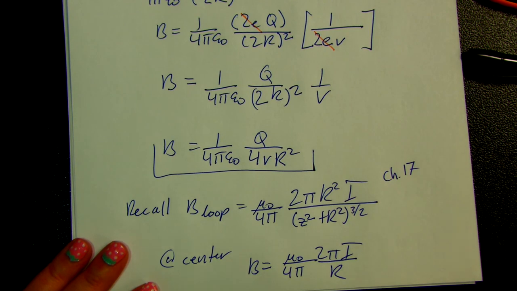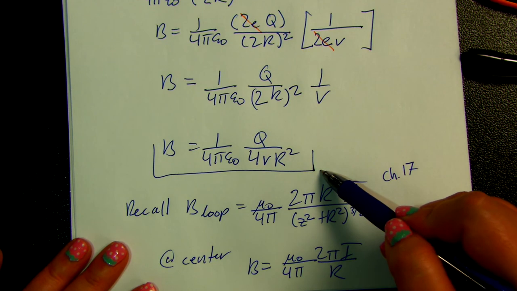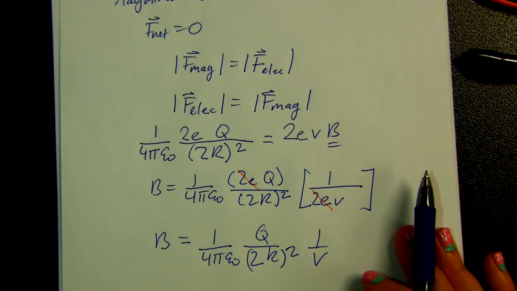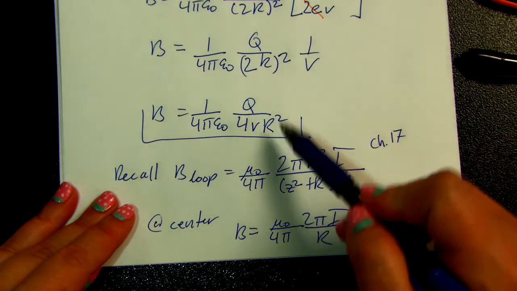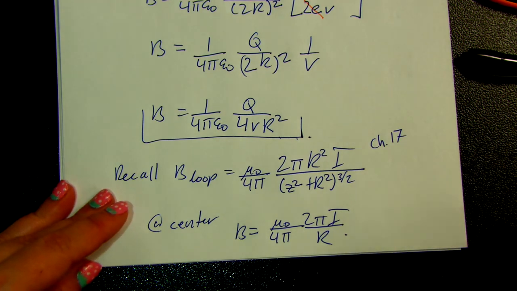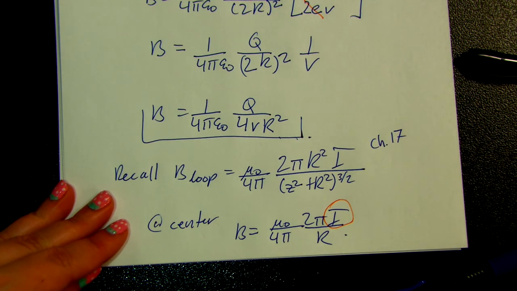All right, so this is useful. We know that we're at the center of the loop. We have derived B given the condition that the magnetic and the electric force must balance. And because we are at the center of the loop, these two expressions must also be equal to each other. This is very useful because ultimately we are after current, which is in the expression for the magnetic field at the center of a current carrying loop.